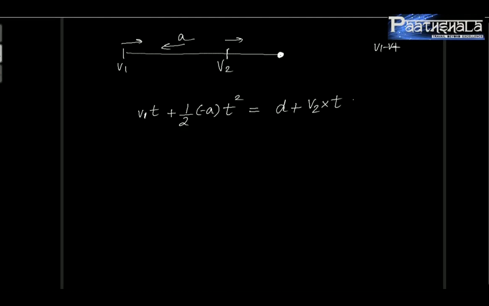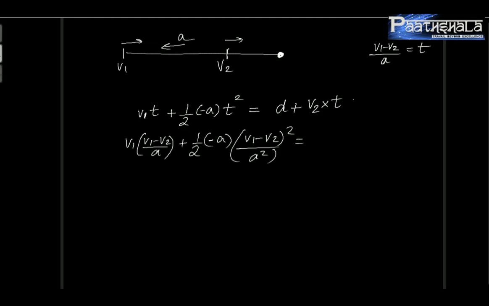Also V1 minus V2 upon A is equal to T. This we know. Okay. So the value of T we have substituted. So V1 into V1 minus V2 upon A plus half of minus A into V1 minus V2 the whole square upon A square is equal to D plus V2 into V1 minus V2 upon A. So this is D plus V1 V2.